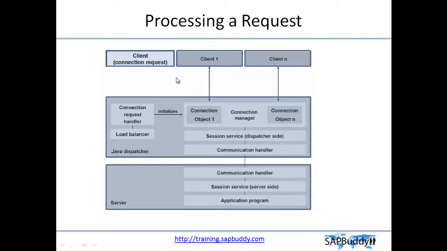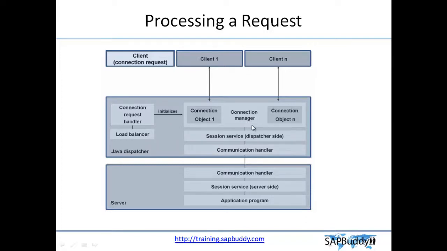Here you could see how the individual client is requesting. Whenever a request comes from the specific client, it will be sent to the connection request handler. The connection request handler in turn will check the load balancing of the specific servers. Then it will initialize the object to be connected to the connection manager.